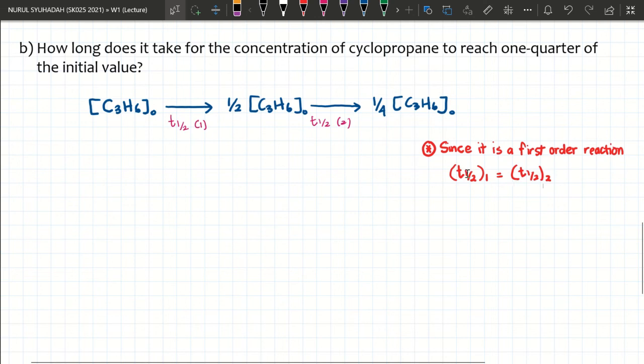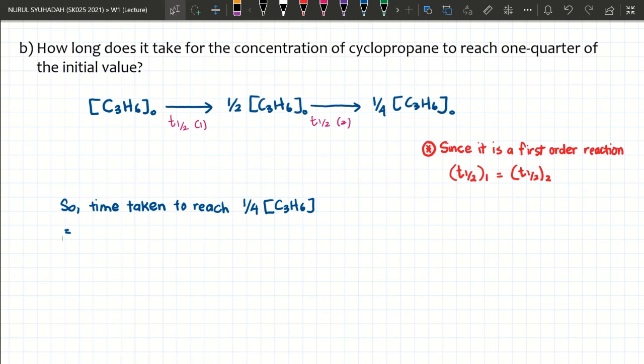That's why here the value of half-life will be the same. You will get a clearer view later when we look at the graph of concentration against time, so that we can see the half-life.